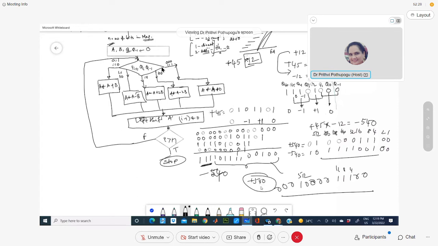Yes, ma'am, it's clear. So when you're checking a negative number, the result will be given with a 1 value. So you do that with positive numbers and check it out. Say plus 45 with plus 12, if you are doing, your result also will be plus 540.